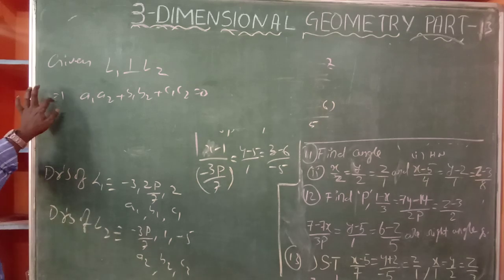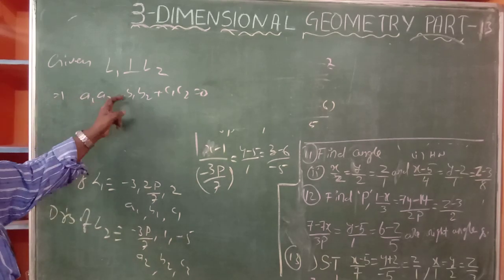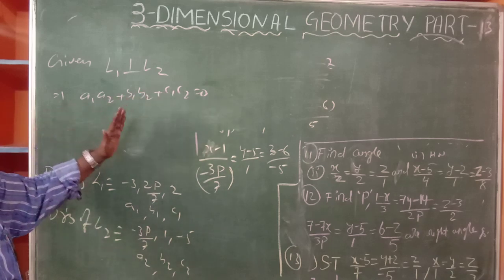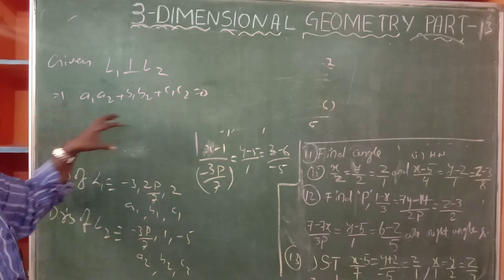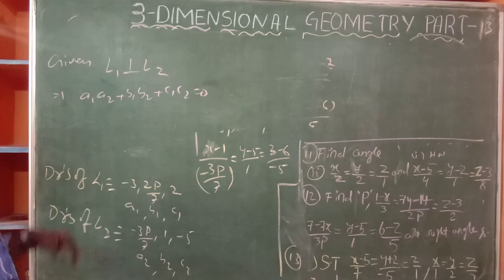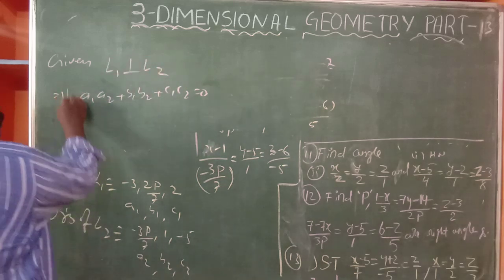Why? Because cos theta is equal to A1 A2 plus B1 B2 plus C1 C2 by root of A1 square plus B1 square plus C1 square into root of A2 square plus B2 square plus C2 square, which is equal to 0, because cos 90 is 0, because the lines are perpendicular. So this denominator will go to that side, also 0.